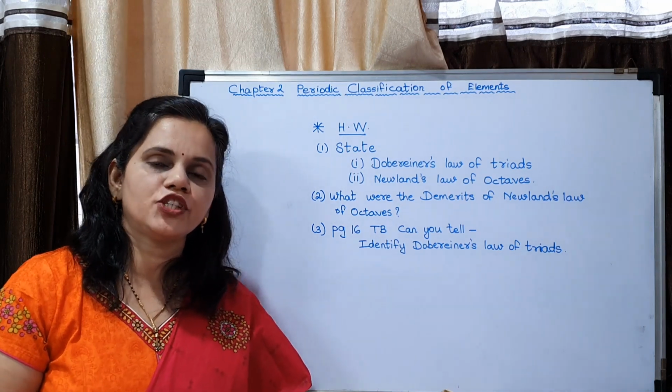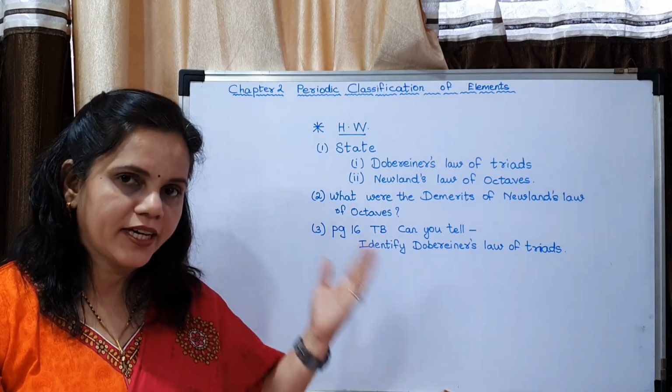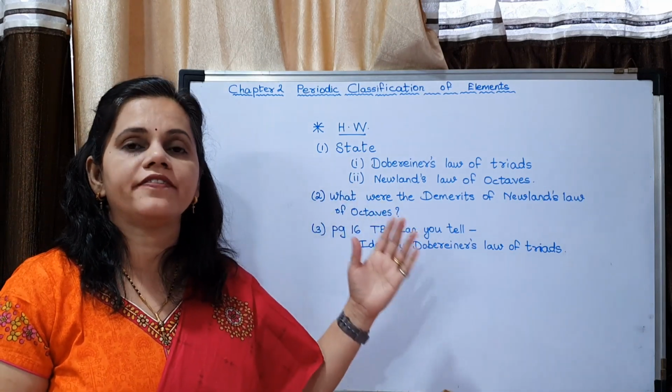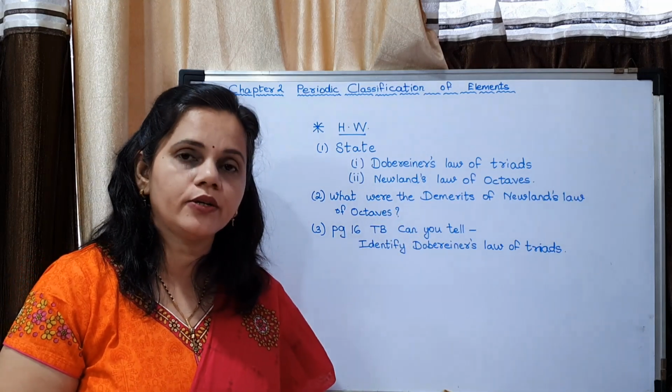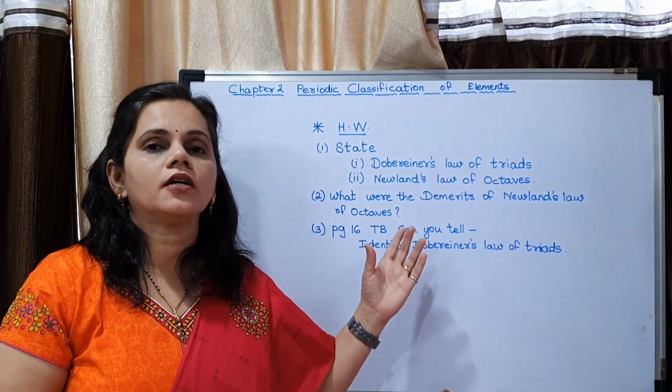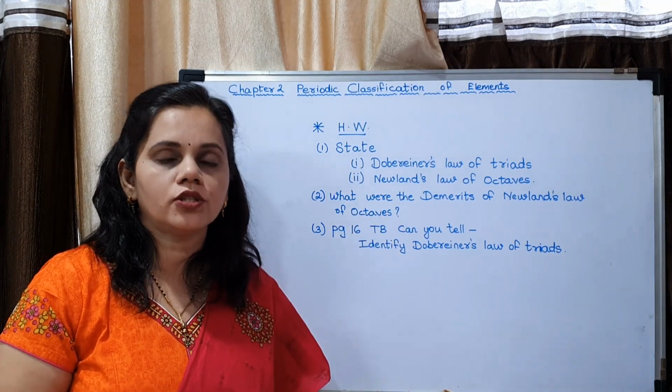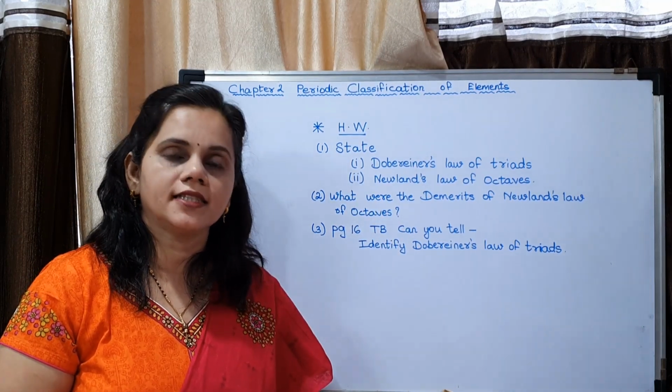So hope you have understood both Dobereiner's law of triads and Newland's law of octaves. You may refer to the textbook and to the notes which will be provided to you today. The notes are according to the exercise, so you may refer to them and find the answers for the exercise questions also.